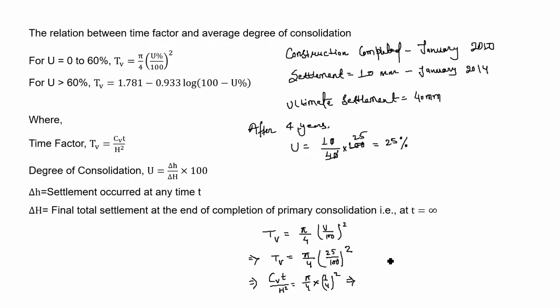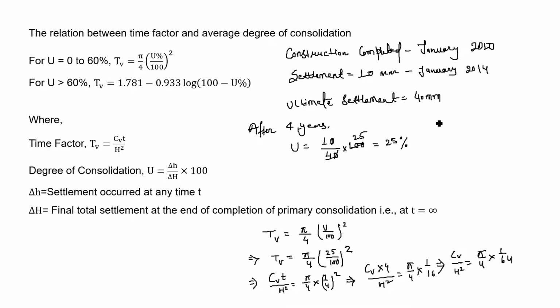So Cv into 4 by H square is equal to pi by 4 into 1 by 16. So further this Cv by H square will be pi by 4 into 1 by 16 into 1 by 4, that is pi by 4 into 1 by 64. So this is for the first part, January 2014.